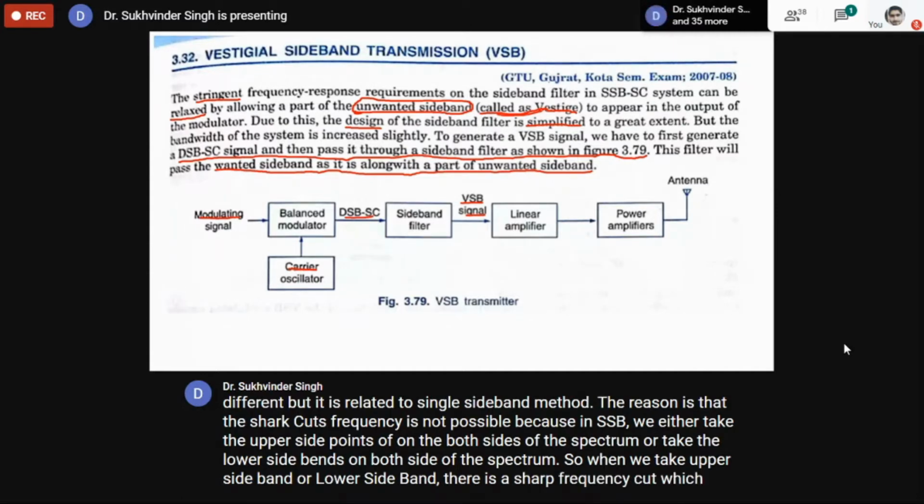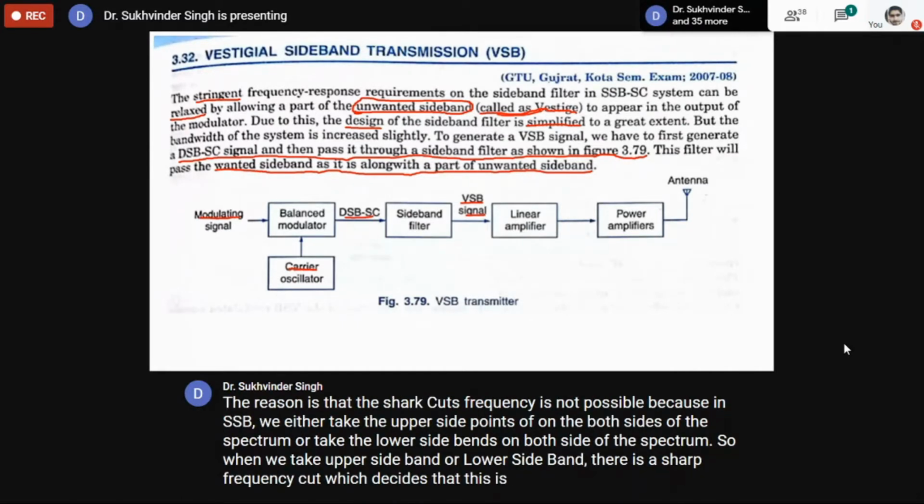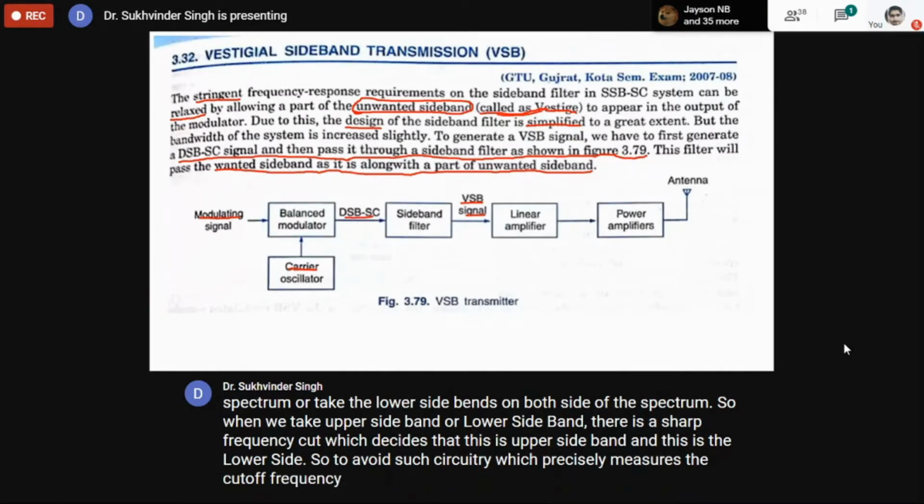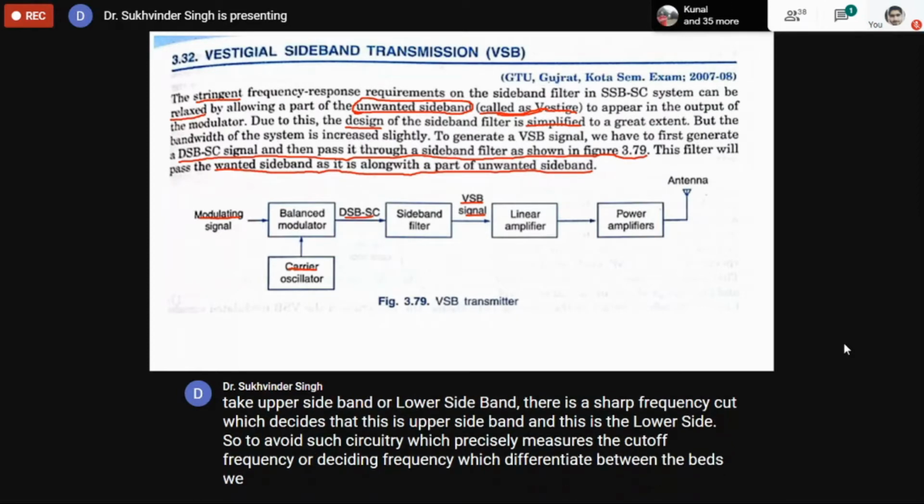To avoid such circuitry, which precisely measures the cutoff frequency that differentiates between the bands, we have to take some unwanted part of the band. That unwanted part of the sideband is called a vestige. Hence the name is vestigial sideband.